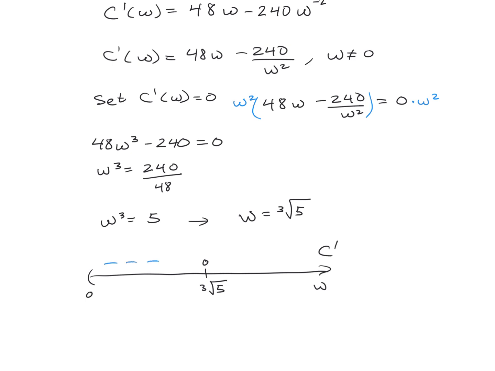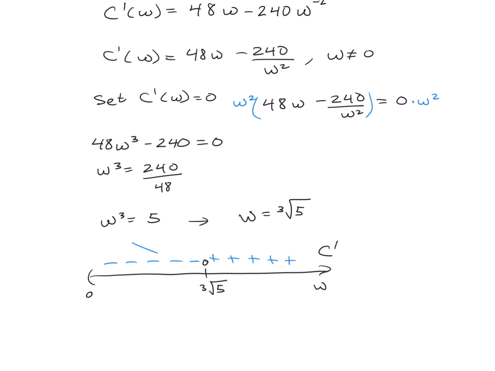So we have a negative derivative for values of W less than the cube root of 5. And then if we take something bigger than the cube root of 5, such as the number 2, and substitute that into our derivative, you will notice that it is going to be a positive number. And any value greater than the cube root of 5 is going to give you a positive derivative. So we've got a positive C prime on that side of our number line.